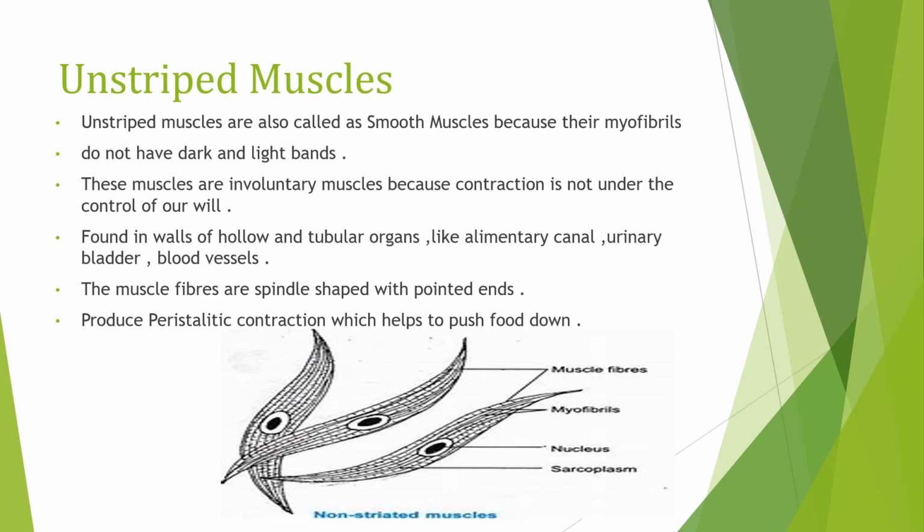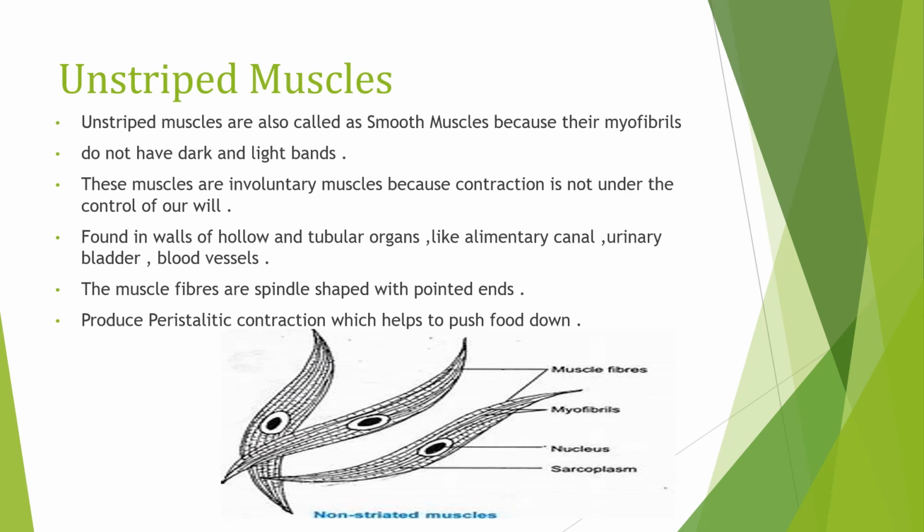These muscles are involuntary muscles because contraction is not under the control of our will. They are generally found in the walls of hollow or tubular organs like alimentary canal, urinary bladder, and the blood vessels. Now, one thing I'd like to tell you, these muscles are also called visceral muscles because they are found in the viscera. What is viscera? This is the internal organ of the body cavity, or the body organs are called the visceral organs.